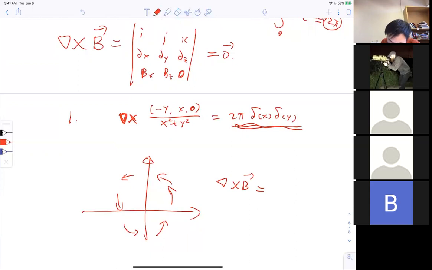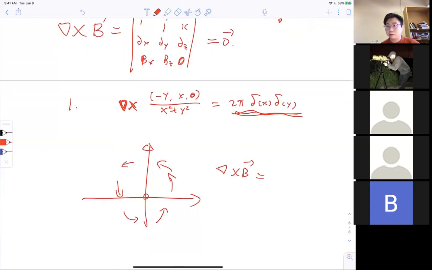The physical interpretation for this is that there's a current, a wire through the origin, pointing in the z direction. This current will give us a circulating magnetic field.